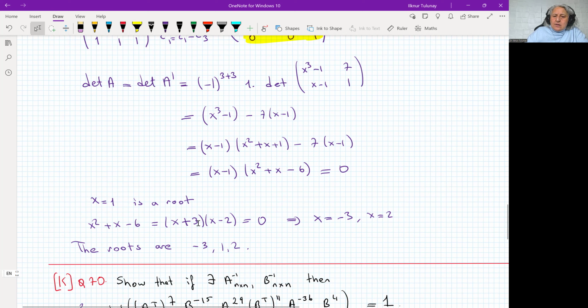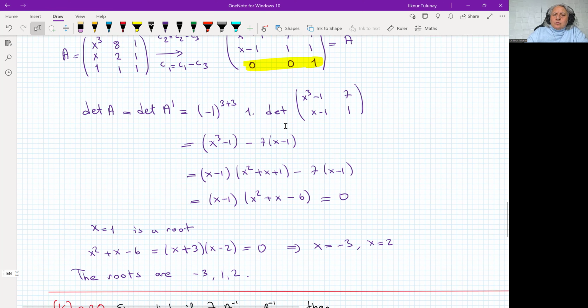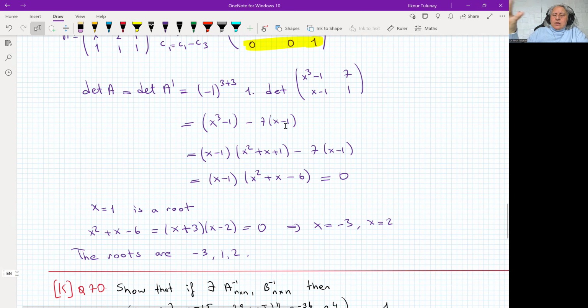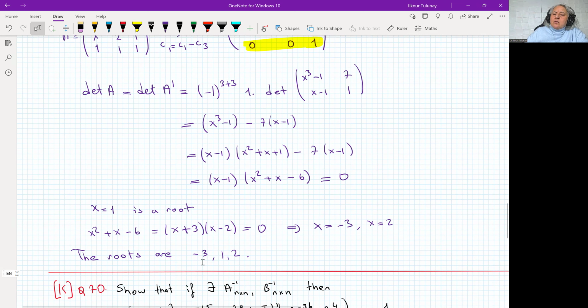You can check it: this times this will give me minus 6, and this plus 3x plus minus 2x will give me just x. So the multiplication of these linear factors gives this quadratic polynomial. The roots of the polynomial given by this determinant formula will be just minus 3, 1, 2.